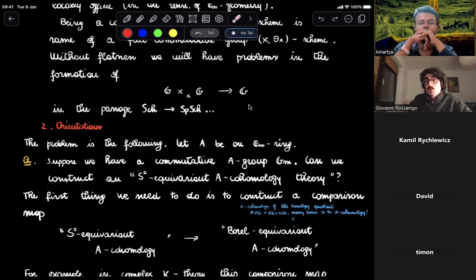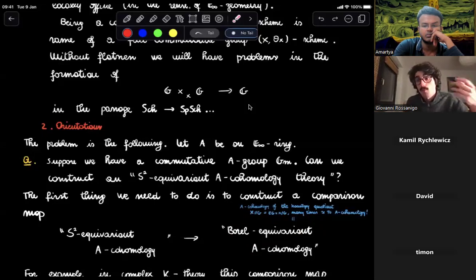Essentially, this cohomology theory is not that interesting in the sense that, if you know your group sufficiently well, you can construct the space EG, which is the cover of the classifying space BG, and then, if G, your group, acts on your space X, you can form the homotopy quotient.